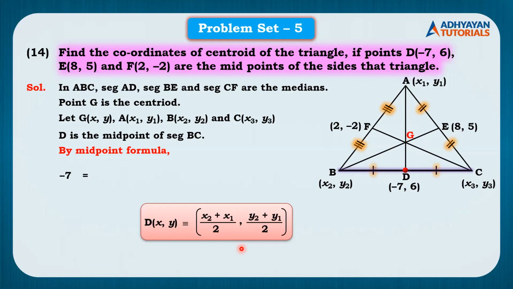First, we'll be thinking of how to get the coordinates of B and C, because unless we get the coordinates of A, B and C, we will not get the coordinates of the centroid. So forget about the centroid for a while. We are focusing on the midpoint formula. Right now, we'll just focus on D being the midpoint of BC. This is the only sum.